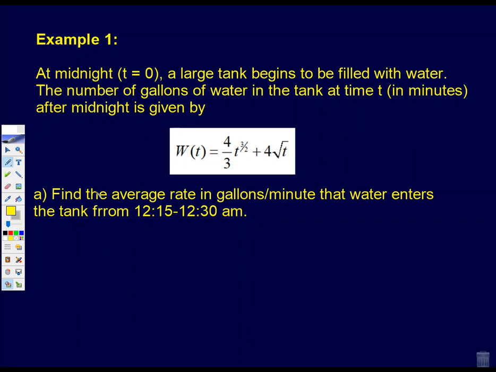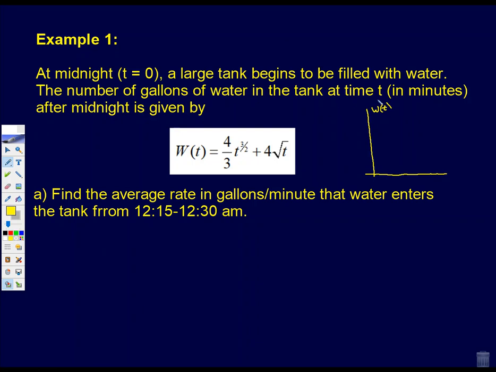And there are two parts to this problem. One's on this page, and the next page is going to be part B, which is going to ask you the instantaneous rate of change. A says find the average rate in gallons per minute that water enters the tank from 12:15 to 12:30. Let's think about this graphically once more. There's a function W of t. So that's going to be the name of the y scale.